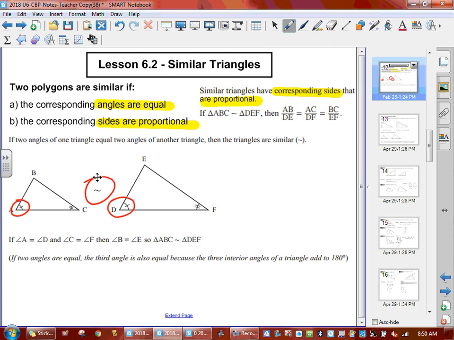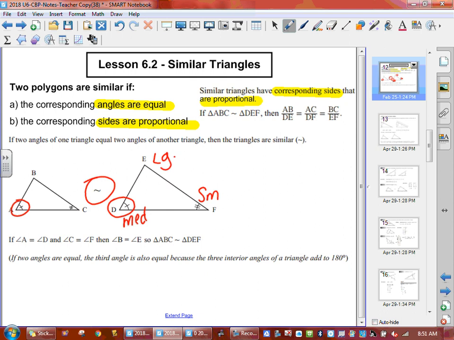Now we also talk about how we name objects and how we name sides of triangles. There's a general rule of triangles: the largest angle will be across from the longest side, and the smallest angle is across from the shortest side. So, even just guessing in this one right here, this guy would be the smallest angle, this guy would be the medium angle, and this guy would be the largest angle.